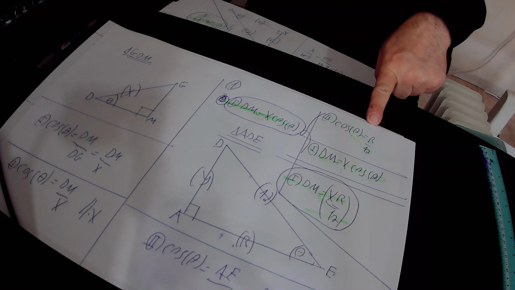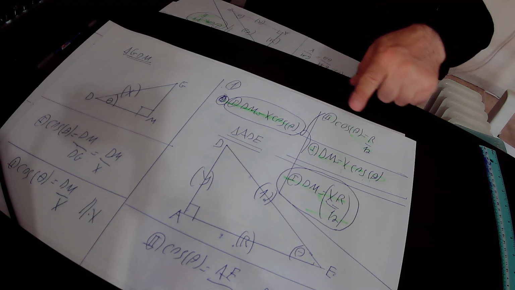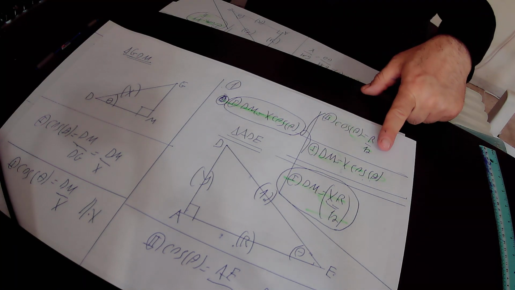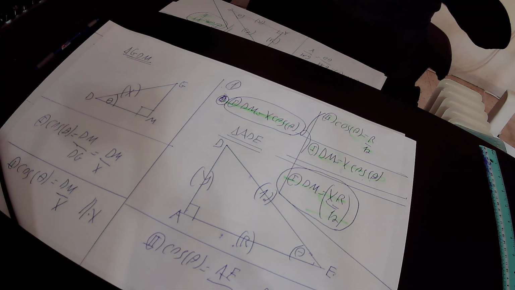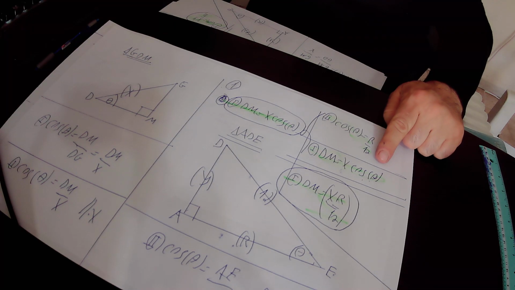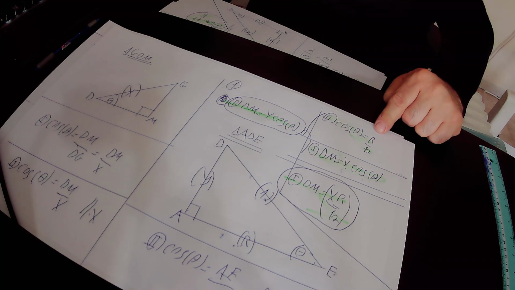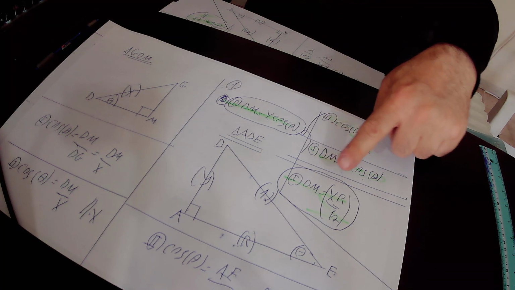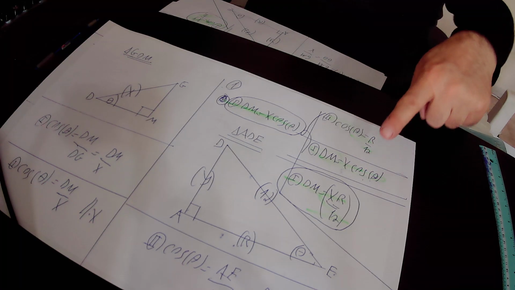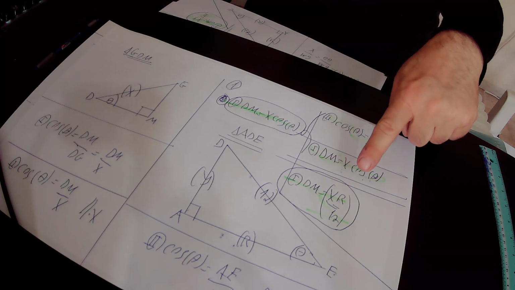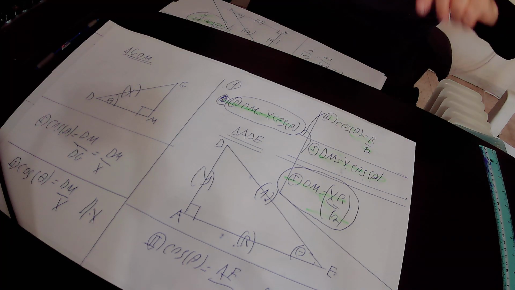This is equation 2. According to equation 1, we have already found that DM equals x times cosine theta. So now we can substitute cosine theta in equation 1 by R over 12 from equation 2. So in total DM equals xR over 12.